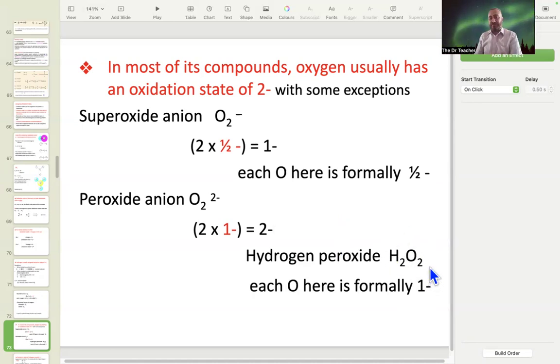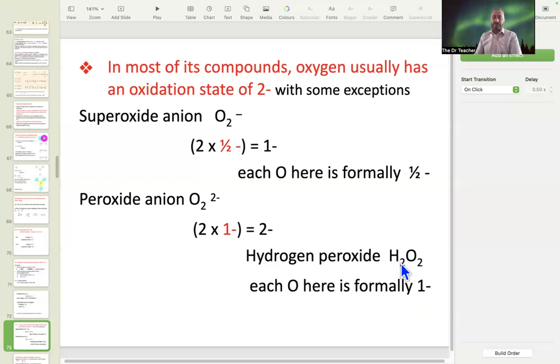Here are some exceptions. In the peroxide, hydrogen peroxide, if you've been asked what is each oxygen's oxidation state in hydrogen peroxide, you just look at the hydrogen.